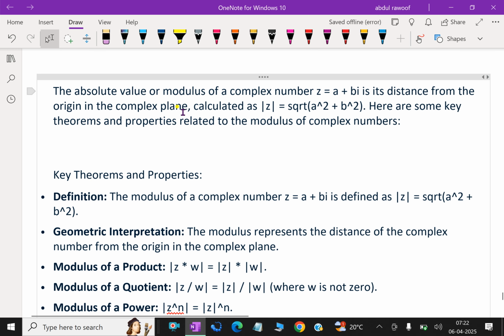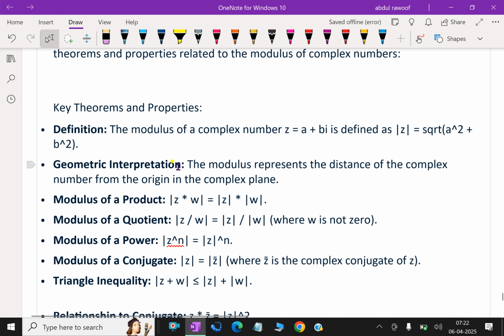This absolute value or modulus of a complex number z equal to a plus bi is its distance from the origin in the complex plane, calculated as modulus of z equals square root of a square plus b square. Here are some key theorems on properties related to the modulus of a complex number.